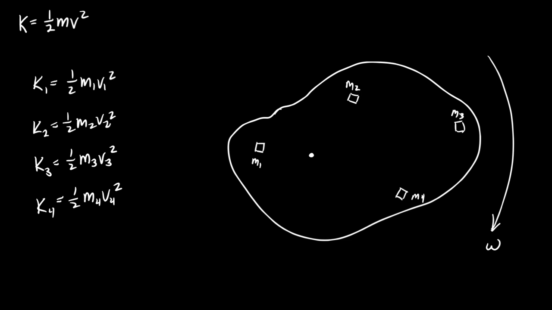Now, I want to consider piece 1 for a minute. If the object is spinning, then piece 1 has a velocity that is probably, use a different arrow, probably something like that. It's the slowest of all the pieces, and that would be its velocity, v1. But all of these pieces are part of a bigger object, and that bigger object has angular velocity omega.